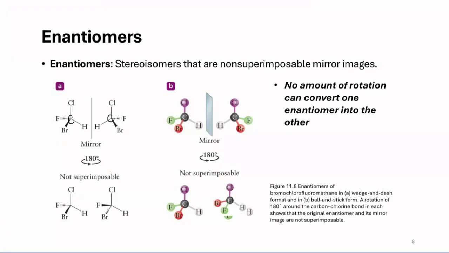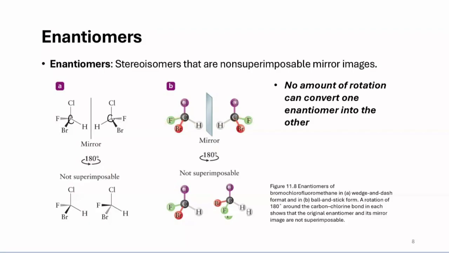And the molecule that we have on the right of that is just the mirror image of the molecule here. We can see it better illustrated in letter B, where we see the hydrogen facing each other, the chlorine pointing up. Behind the molecule, we have the fluorine, and then we have the bromine on the other side.